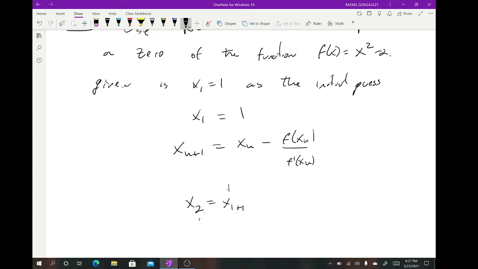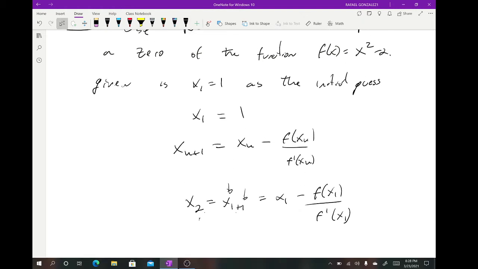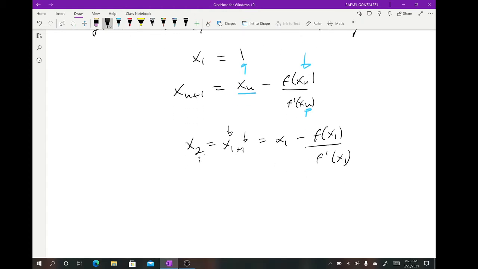So we take the previous one, x1, and add one more. That is equal to x1 minus f of x1 divided by the derivative evaluated at x1. I'm simply substituting x_n by what came before it, which is x1, and that is equal to 1. I'm going to plug in x1, which is 1, here and also here, and we're just going to do those evaluations. That's going to give us the value of x2.